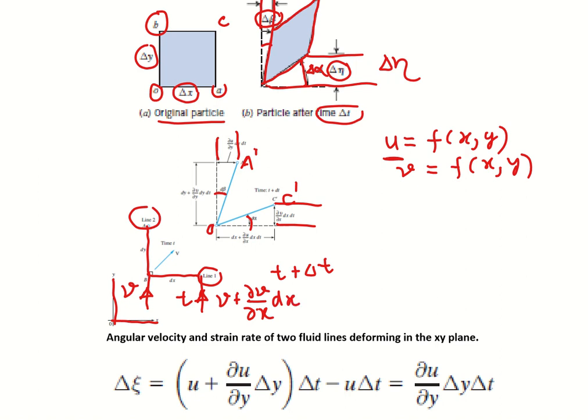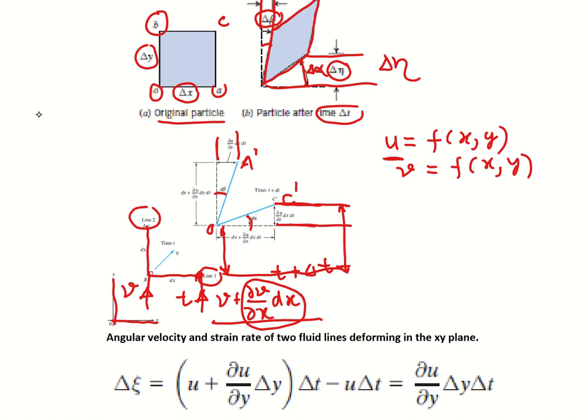Right. Because of this additional velocity, this point moves more distance. So in time delta t, this point occupies this distance. If we talk about this distance, it is equal to v into delta t, and this distance is equal to v plus del v over del x into delta x into delta t.